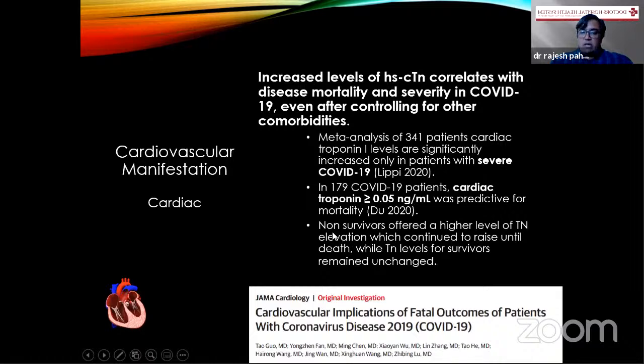It was observed that non-survivors had higher levels of troponin elevation, which continued to rise, whereas in survivors the troponin levels remained unchanged.